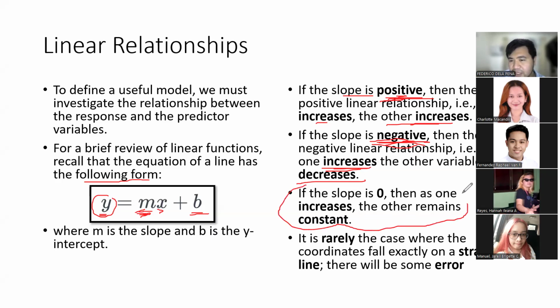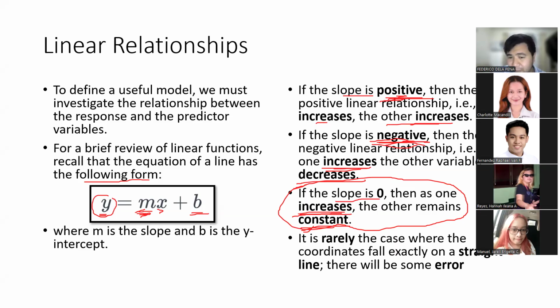Then the third one, this is probably the worst. If the slope is zero, whatever happens to x, the other variable remains constant, meaning there's no reaction, right? Whatever you do, there's no response from the other party to the relationship, right?